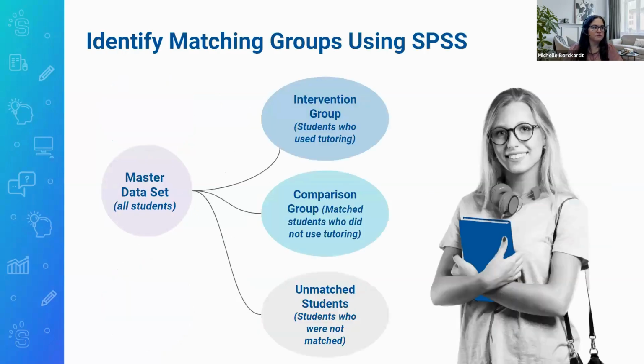So once you have your big data set, then that's when you load it into SPSS, which is the software we used, or you can use your software of choice. And you have to break it out into 3 groups. So you have your intervention group, which is the students who received tutoring, your comparison group, that's the matched students who did not use tutoring. And then you'll have a few students left over who did not use tutoring, but also were not matching.